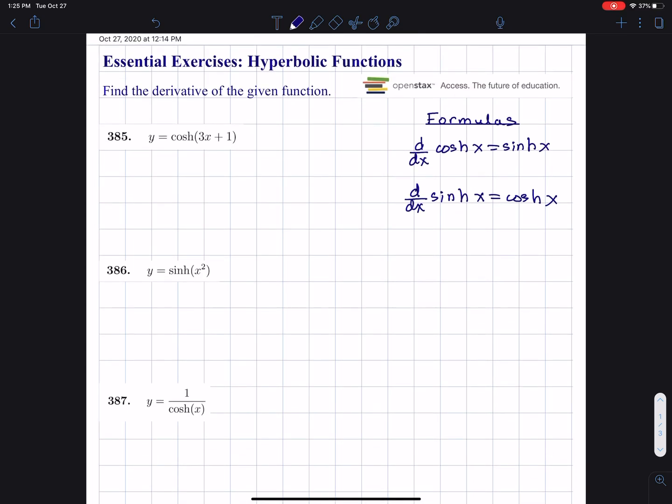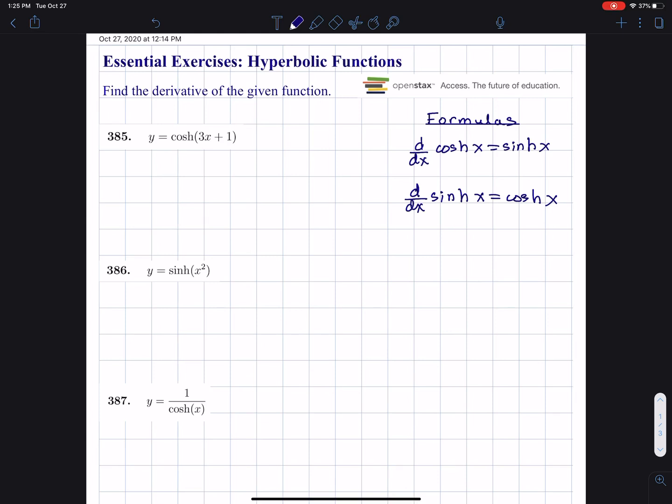Well, let me just say that if you know the derivatives of the trig functions, then it should be easy to find the derivatives of the hyperbolic functions. As we see, for hyperbolic cosine x, the derivative is hyperbolic sine x. Now, some of the derivatives for the hyperbolic functions have a negative in front.